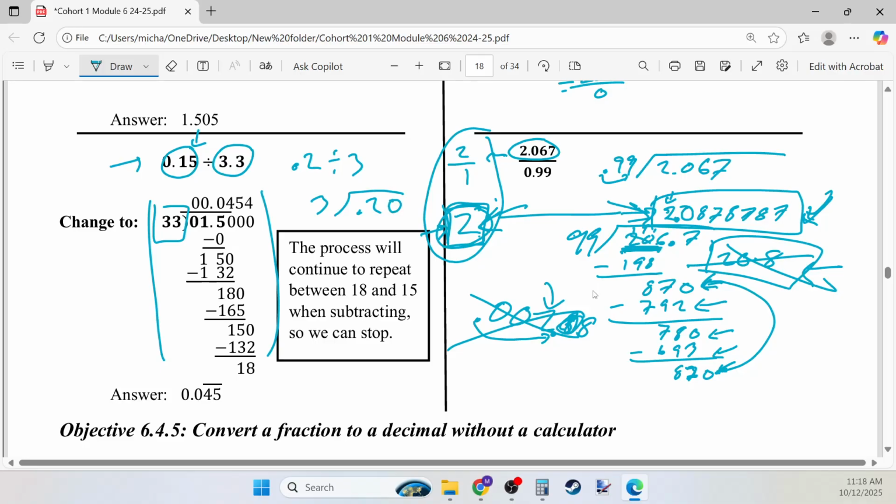And so 3 goes into 20 6 times. I need this 6 lined up with this 0. I need this dot then to go straight up to here. And I need a placeholder to keep the dot separated from the 6. So this rounded answer has its digit in the hundredths place.